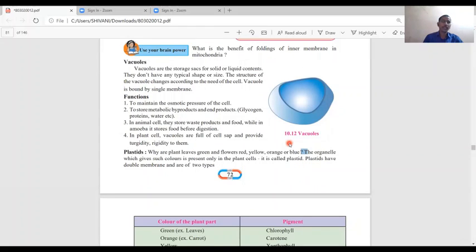Another cell organelle is plastids. We have already seen different parts of plants, different parts of trees, and all such differentiated parts have different colors.